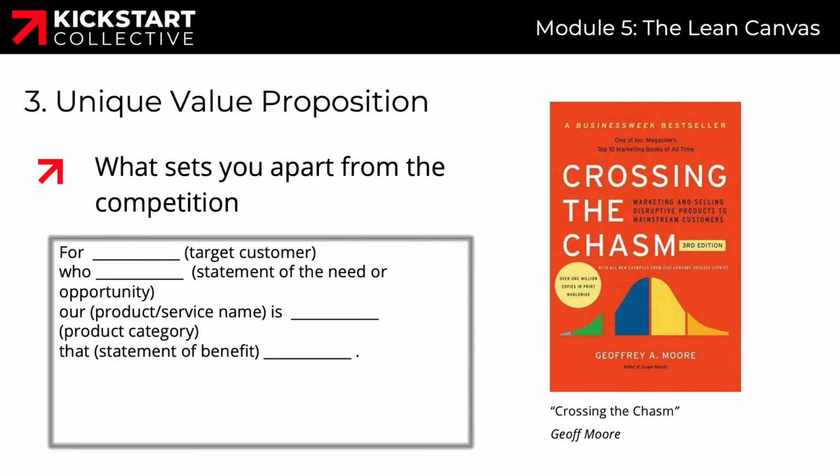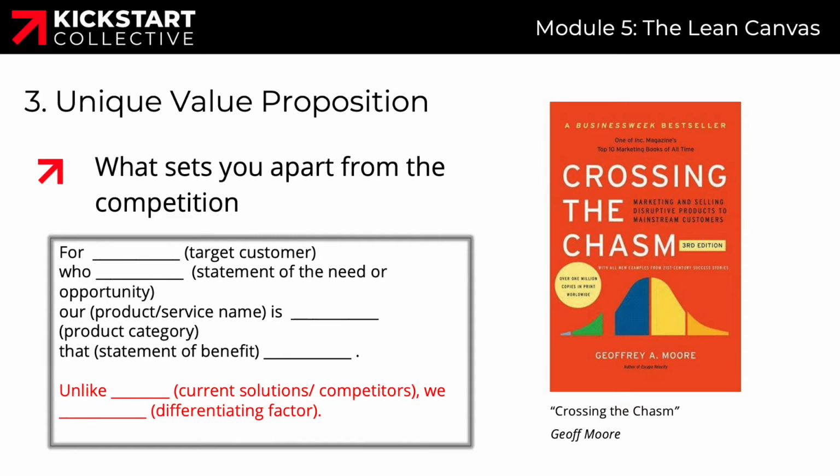For [target customer] who [statement of the need or opportunity], our [product or service name] is a [product category] that [statement of benefit]. The focus on benefits over features is important. As we have mentioned in the previous videos, customers buy solutions to problems, not product features.